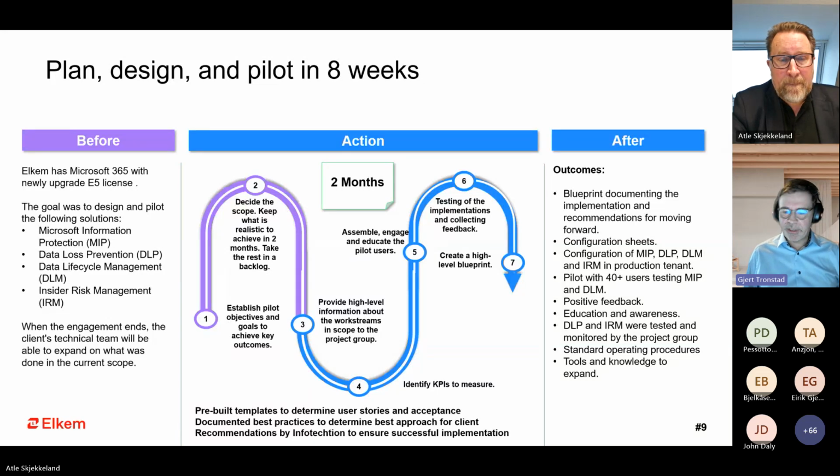When I reached out to Microsoft to find a partner that could help us, I wanted somebody that had a finished script that could help us quickly get started. And this is where we came in contact with Infotechtion, and they actually had a template that could help us. Atle, you can take us through the different actions that we went through, and I can come back a bit after.